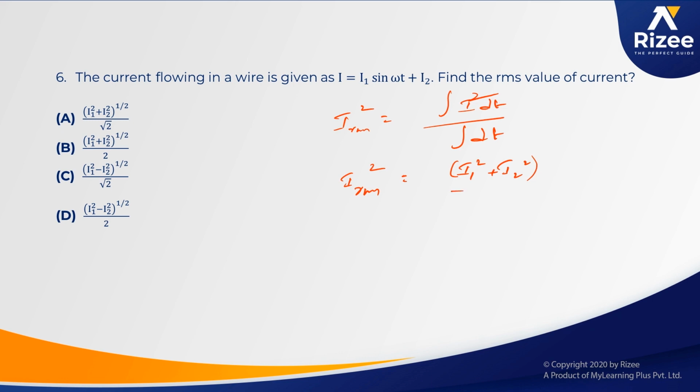If you remove the square, you will get IRMS is equal to I1 square by 2 plus I2 square whole to the power of 1 by 2. These types of questions are very simple. A lot of questions will be asked on this model. Please be careful of this.